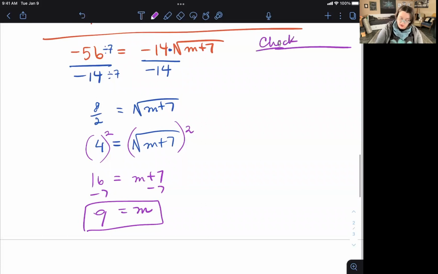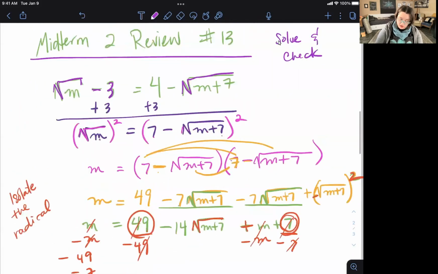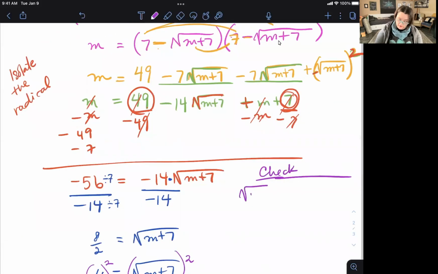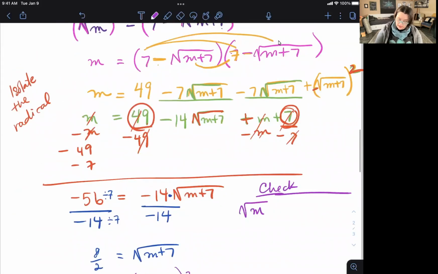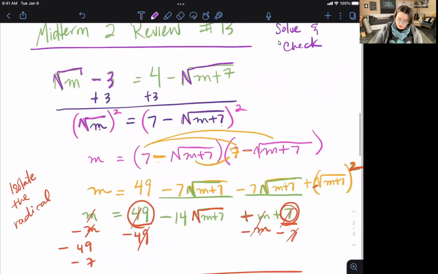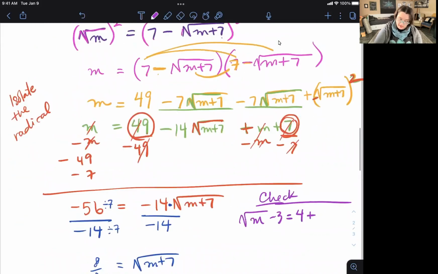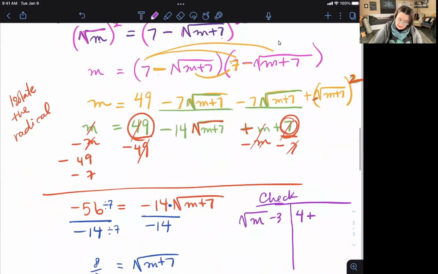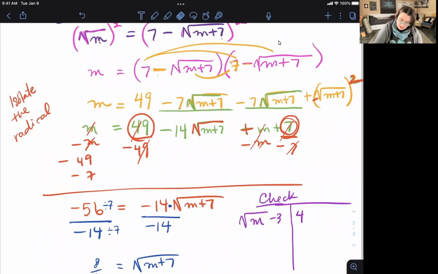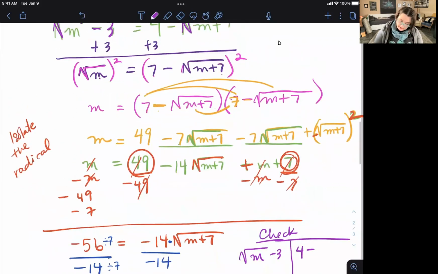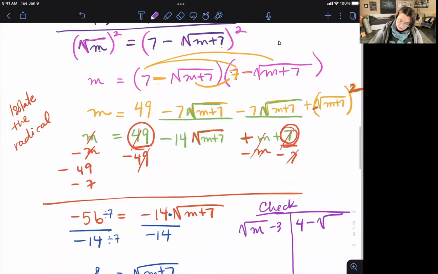So to check it, we're just going to take the exact same equation, square root of m minus 3 equals 4 minus the square root of m plus 7. And instead of the equal sign, I'm actually going to draw a vertical bar between them because I don't want to necessarily say that they're equal.